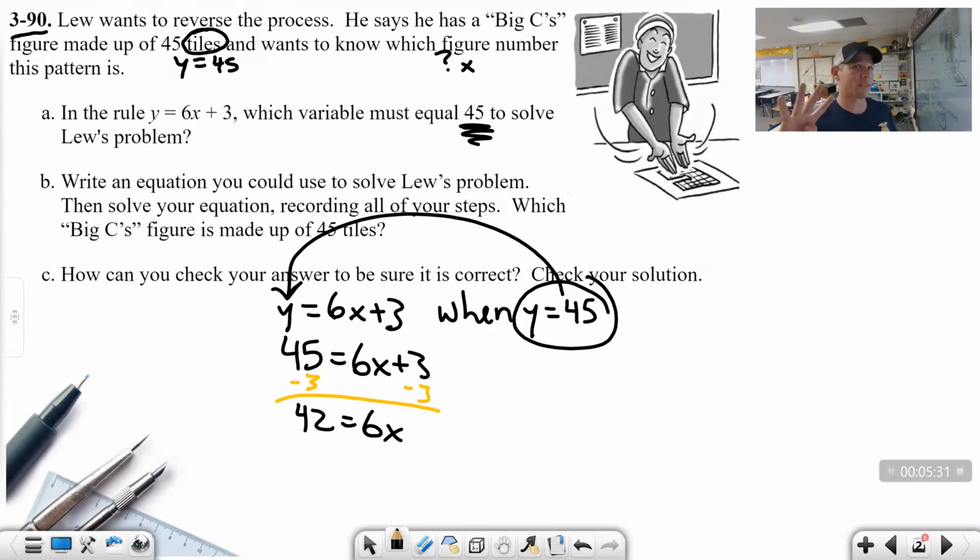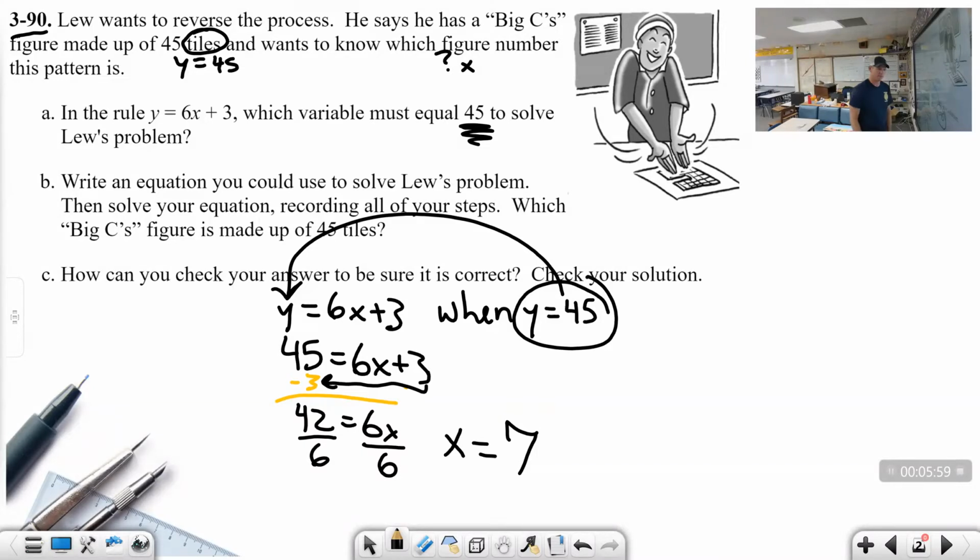Legal move number 4 was a side-side flip. Notice that this could also be a side-side flip, because if you take a positive 3 and flip it to the other side, it becomes negative 3. Balance and side-side flip are very similar and can be used in similar ways. But our last legal move is a regroup. And I divide both sides by 6 to get x equals 7.